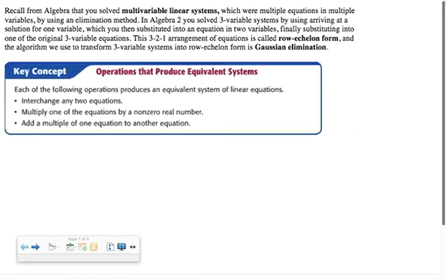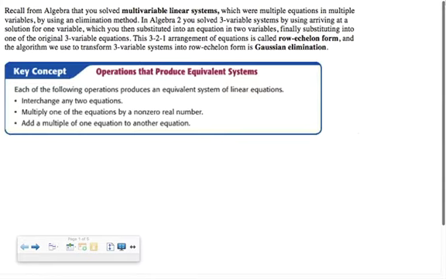And so this 3-2-1 kind of lineup is what we call row echelon form, and what we want in row echelon form is for the coefficient of each leading term in that 3-variable equation, 2-variable equation, 1-variable equation, to be 1. And you'll see what I mean when I work the problems out.